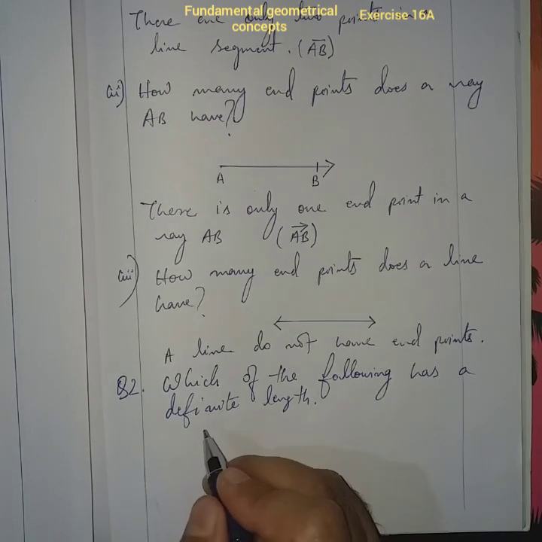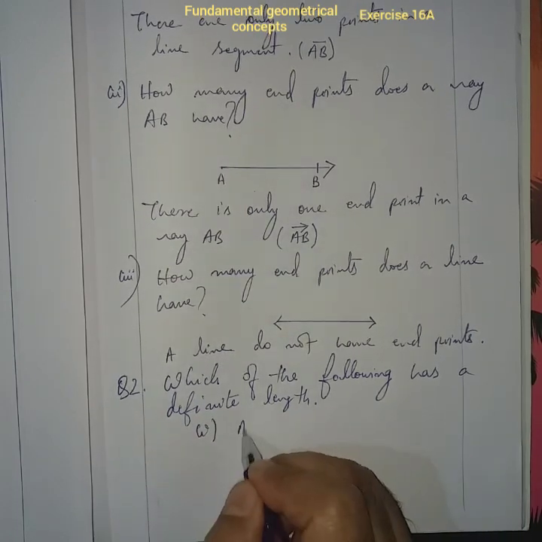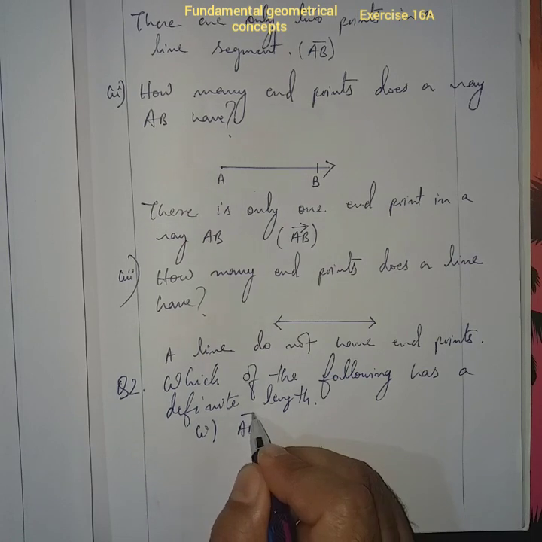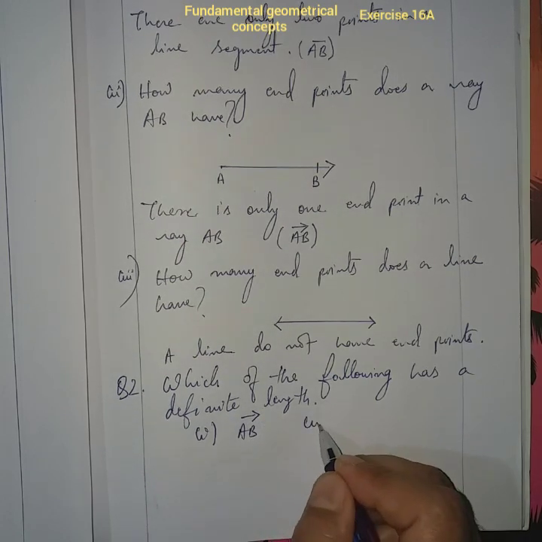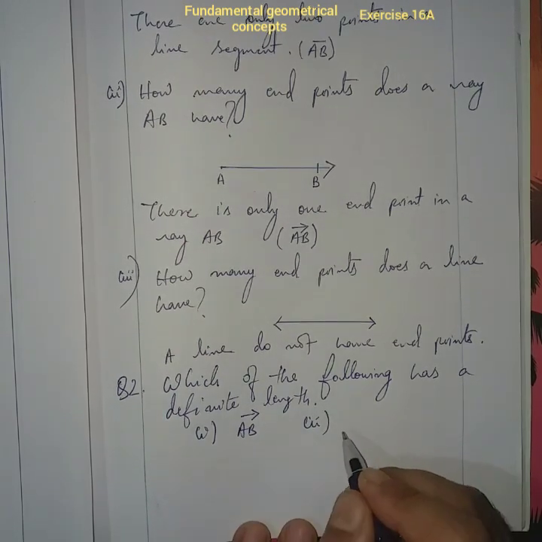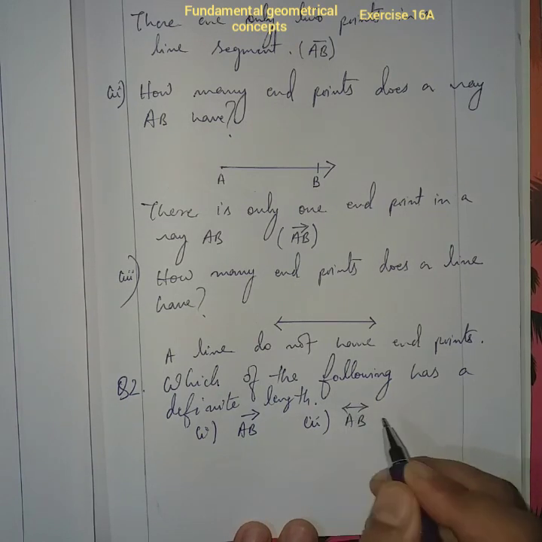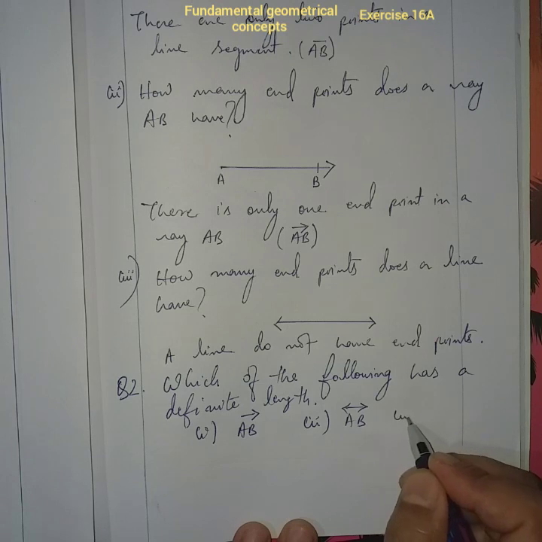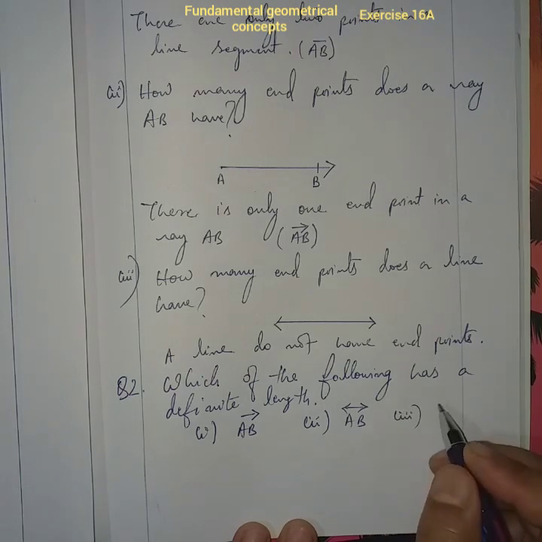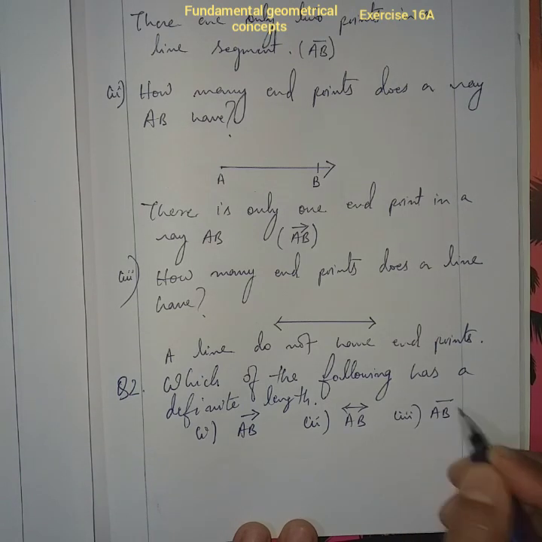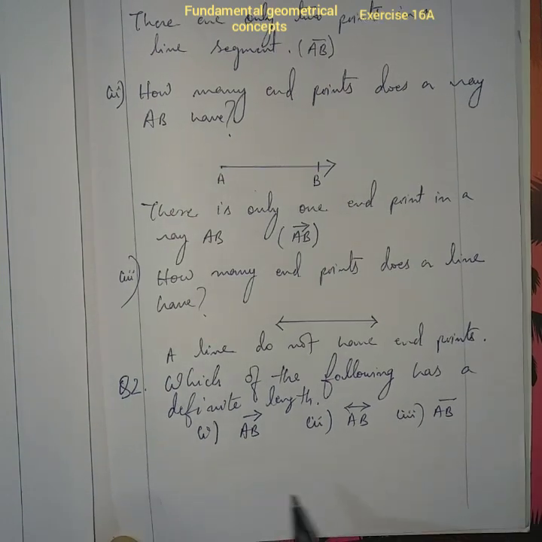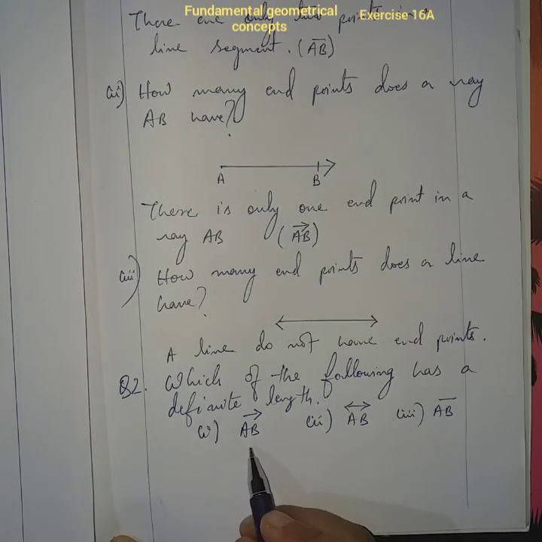Okay, number 1 is AB with arrow above, number 2 is AB with arrow at both ends, and number 3 is AB bar. So what this represents, this represents a ray.